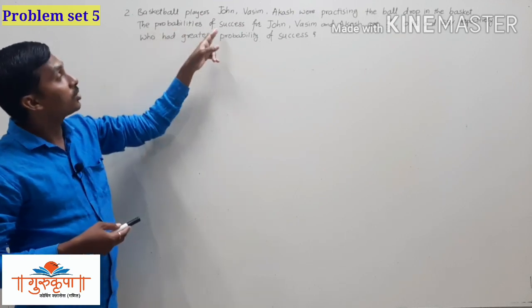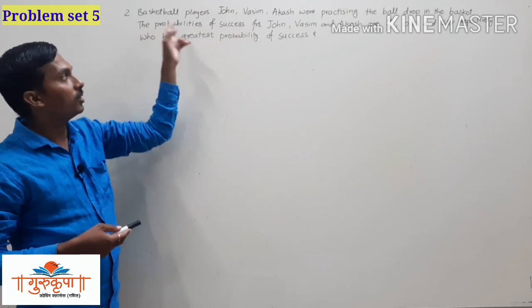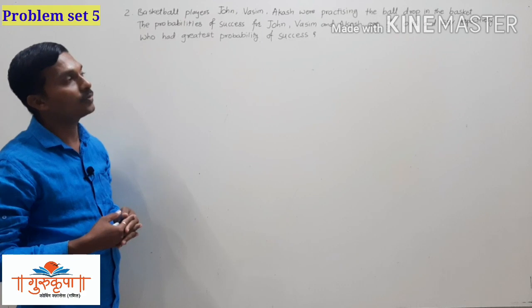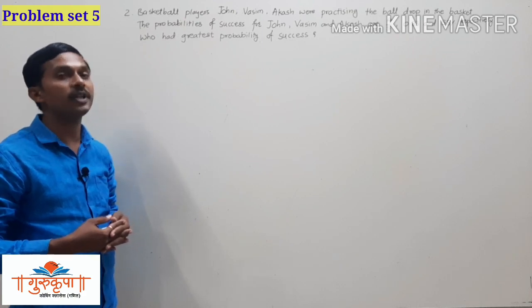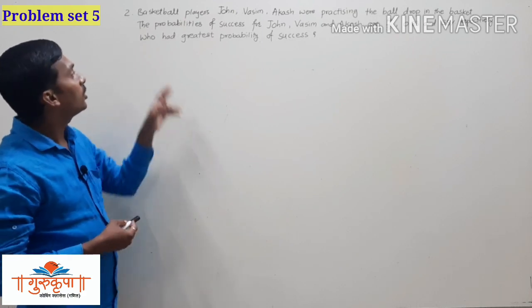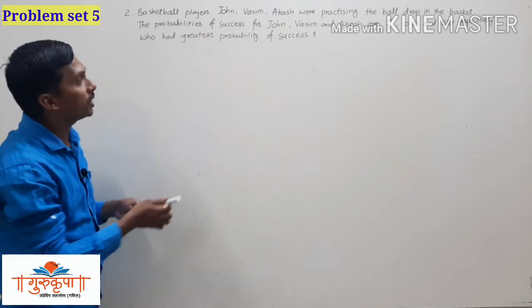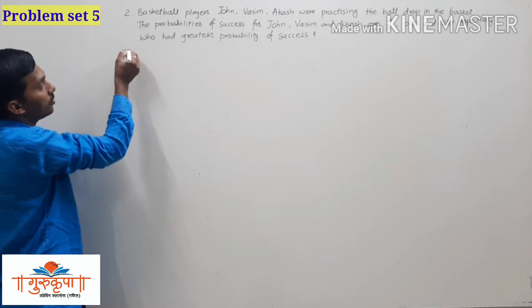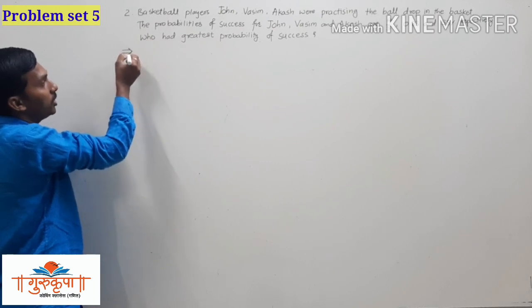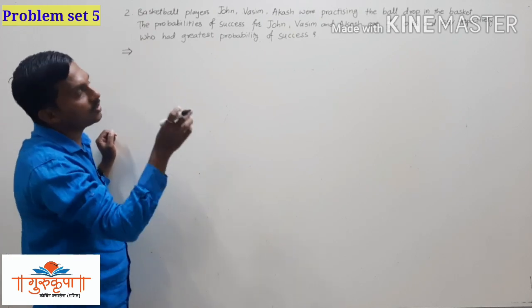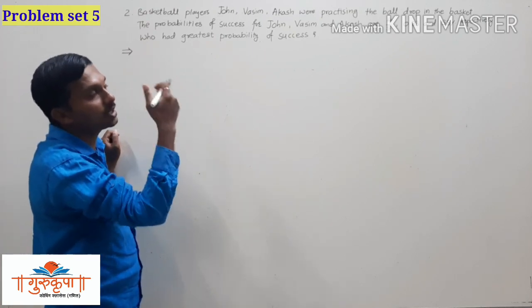The probabilities of success for John, Wasim and Akash are given as 4 upon 5, 0.83 and 58% respectively. Who had the greatest probability of success? We have been given the probabilities of success of all 3 players, and we just have to find which probability is the greatest.